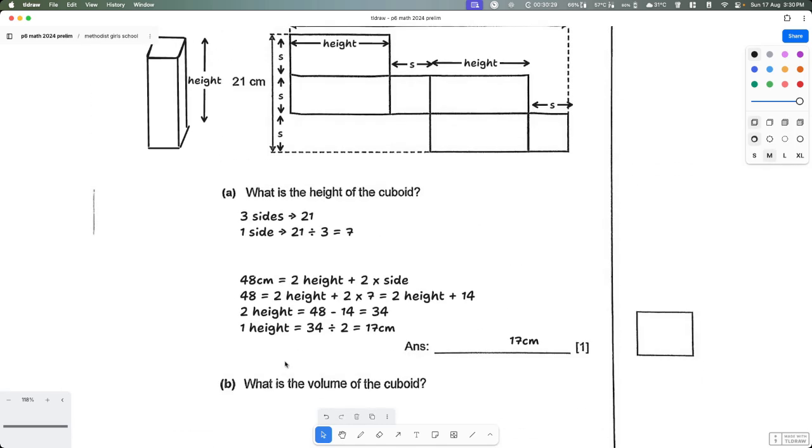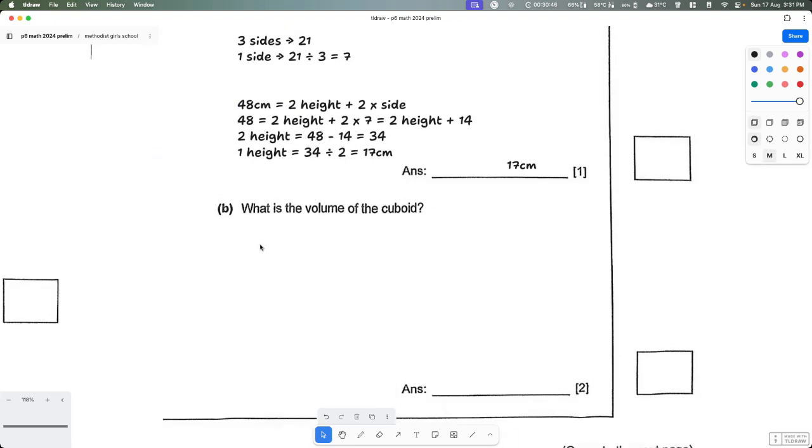Now the next question, part B. What is the volume of the cuboid? We know that this height is 17 centimeters and the side over here is 7 centimeters. So volume is equal to length times breadth times height.